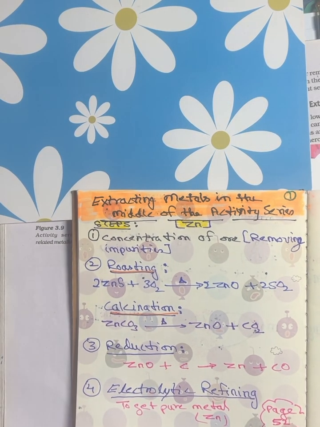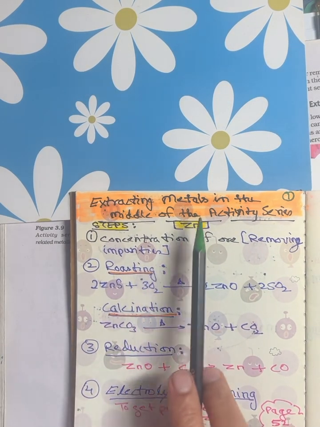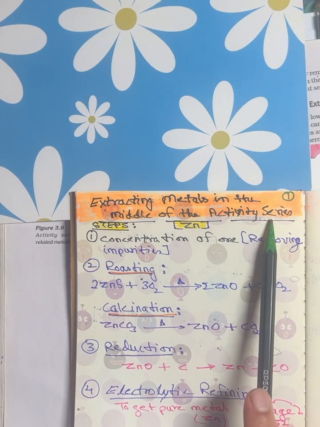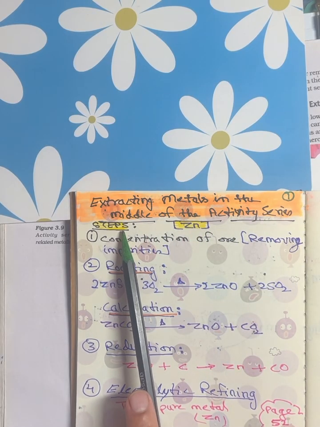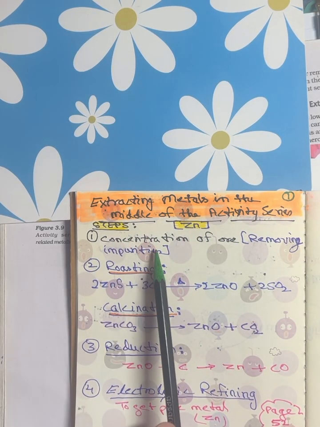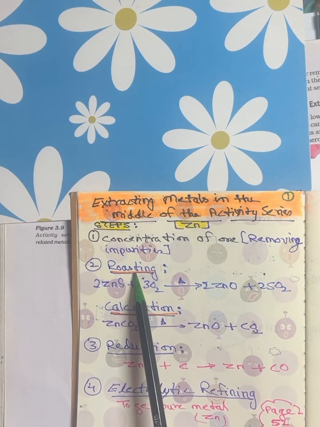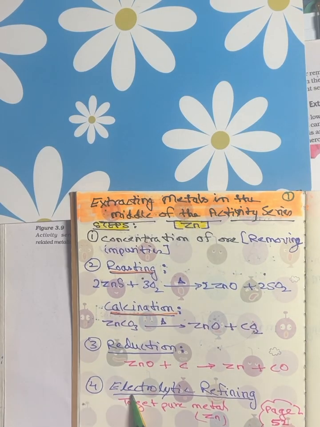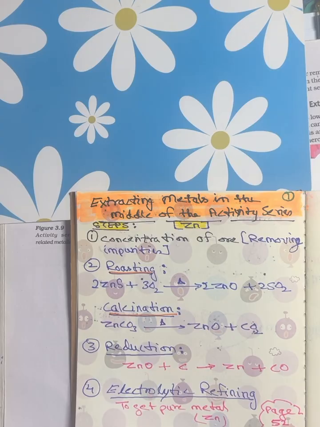Steps we need are 4: concentration of ore, then roasting, then reduction, then electrolytic refining. Whenever such a question comes in your exam, you have to explain with the help of an example the extraction of a metal in the middle of the activity series.